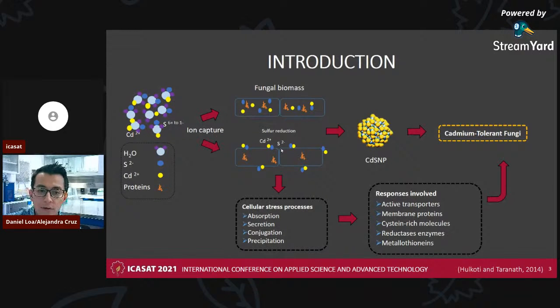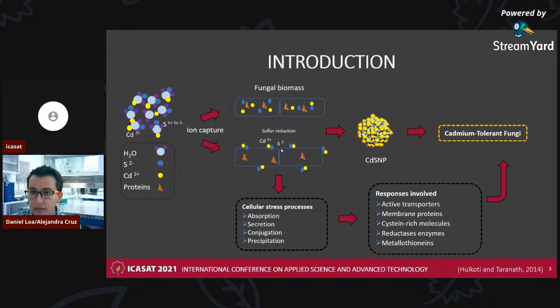This process is carried out by cellular stress with the aim of reducing metal toxicity or metal solubility. The processes that involve these mechanisms are absorption, secretion, conjugation, and precipitation. Some of the responses involved are active transporters, membrane proteins, cysteine-rich molecules, reductase enzymes, and metallothioneins.